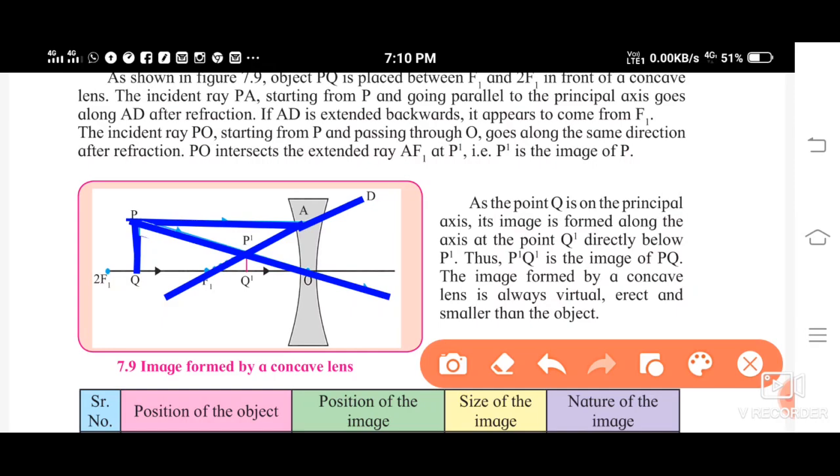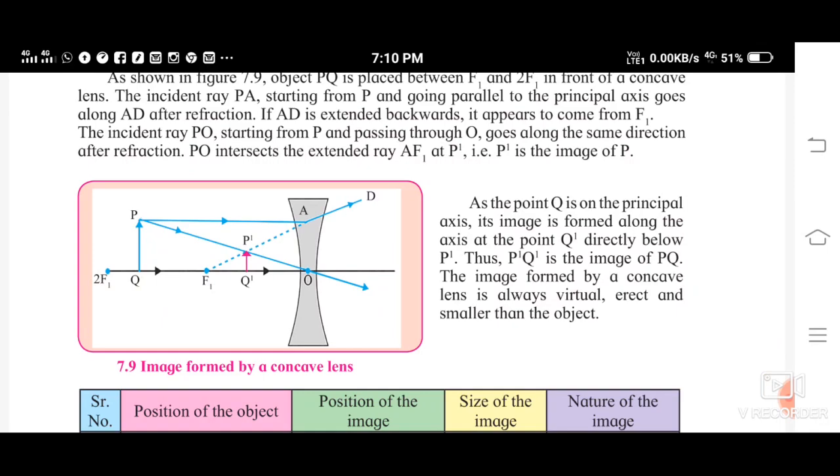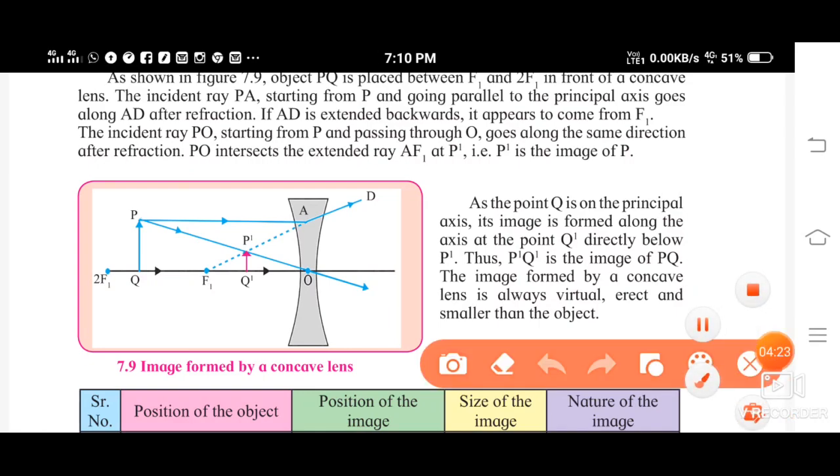Now these two rays, PO and AD, are going to intersect at this point P dash.